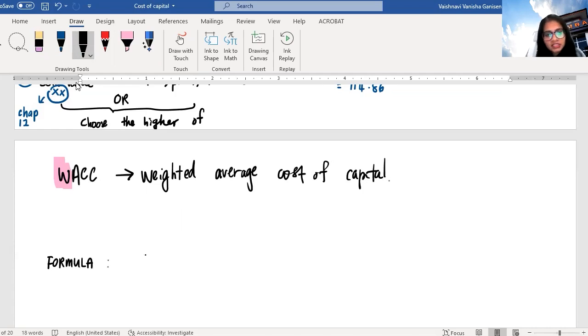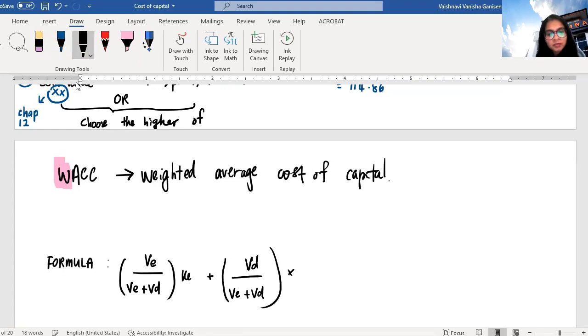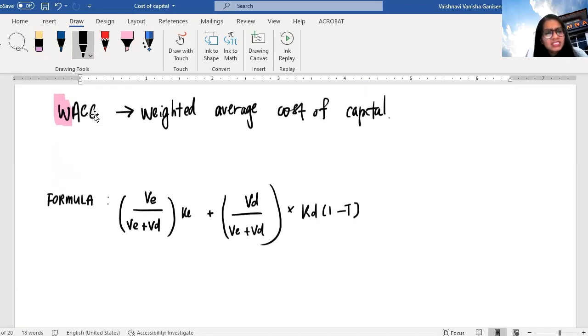The formula method to calculate WACC is VE over VE plus VD multiplied by KE, plus VD over VE plus VD multiplied by KD times 1 minus T. Now let's say your examiner wants to give you preference shares. So how will it change?